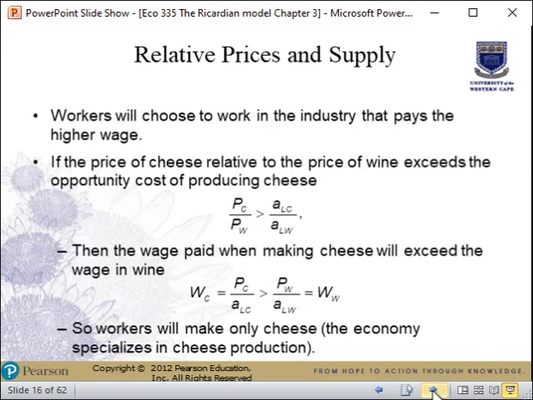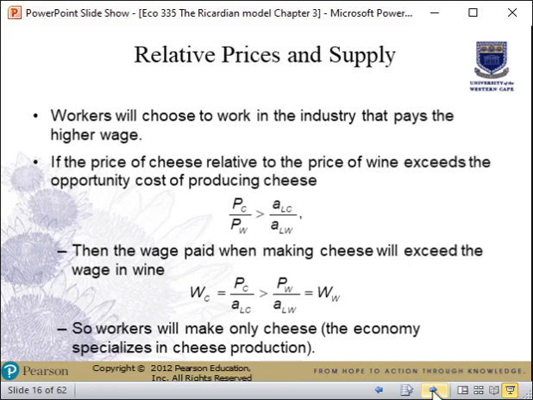Given the values of the wage rate in both the cheese and wine sectors, workers will then make their decision to work or produce either of the goods. Recall, this decision is based on the sector that maximizes earnings.